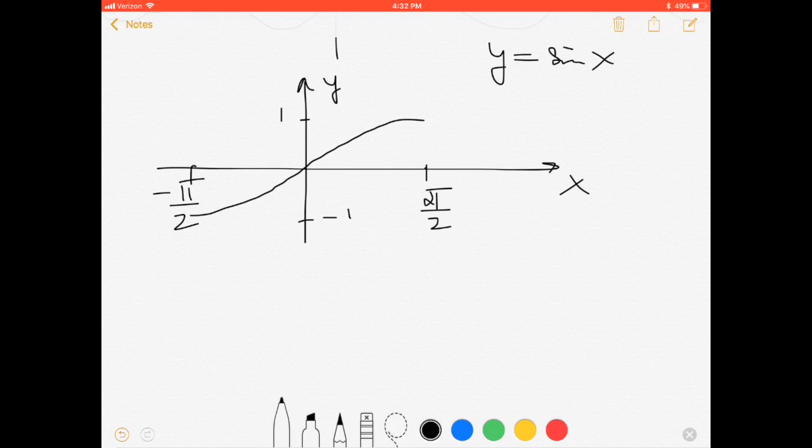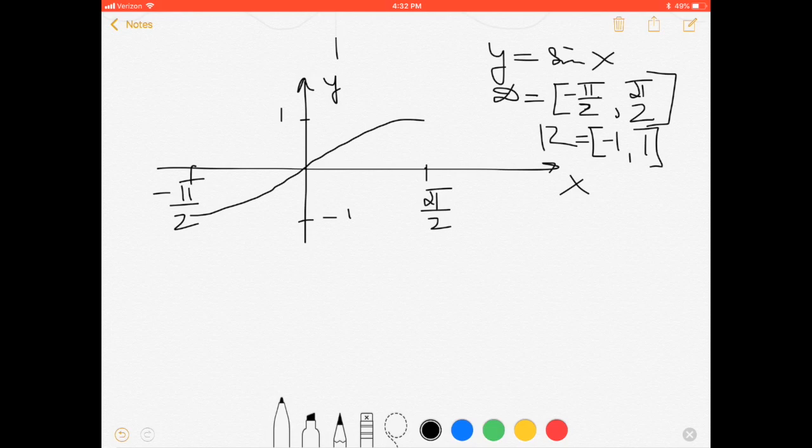For this piece of the function we have a different domain, not the domain of the whole sine x. The domain will be the interval between negative pi over 2 and pi over 2, inclusive, and the range will be between -1 and 1.